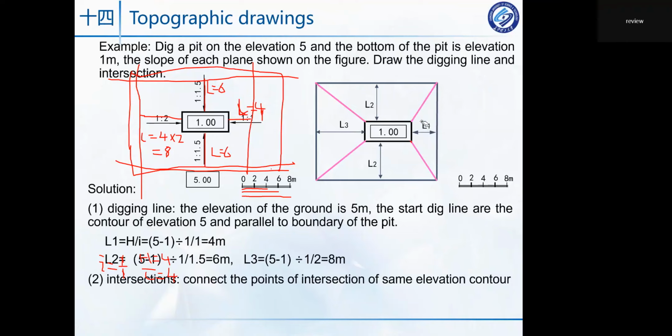Also, there are details about how to represent the directions of the slope. You can see this elevation is 1, and this elevation is 5. If there is no elevation, you can't get the information about the slope direction from the top view.